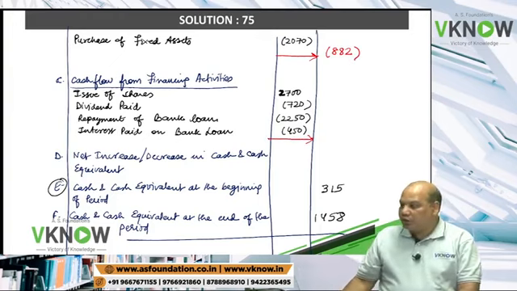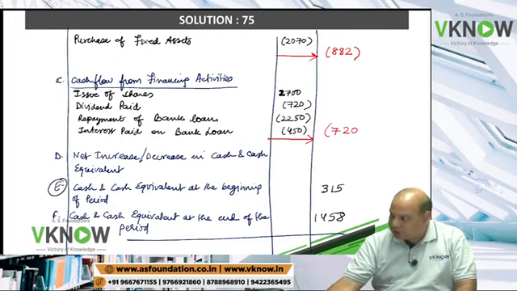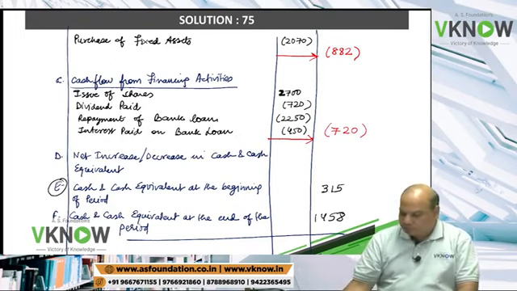Take the financing activity total in the outer column. Financing activity total is negative 720.